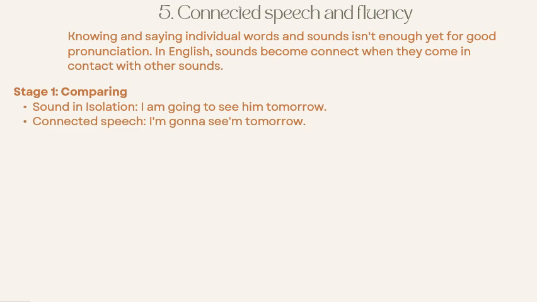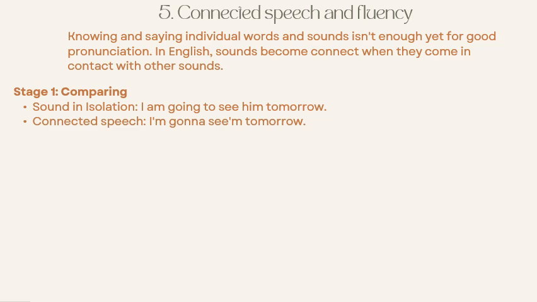I'm gonna see him tomorrow. Okay, and then we ask them how the speech is connected. What difference in sounds do they hear in the connected speech version? What sound is reduced? What sound is combined? What sound is dropped, right?